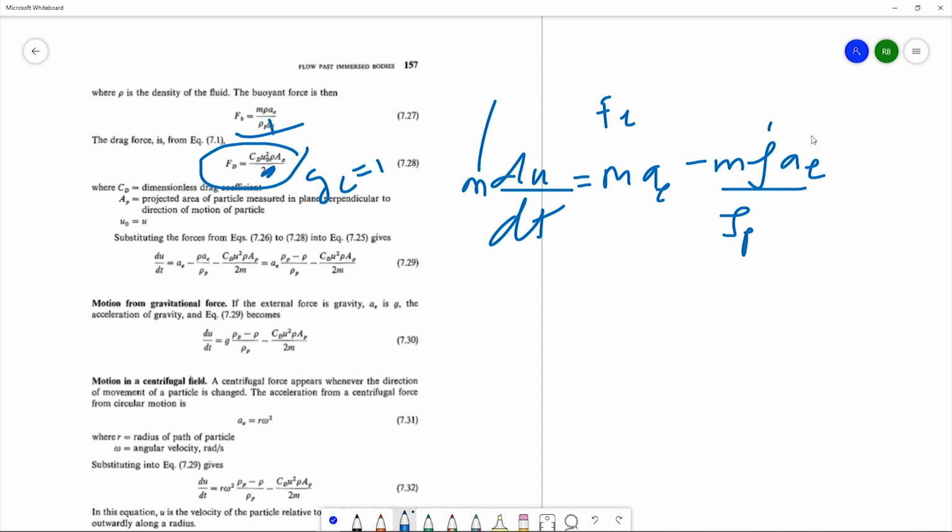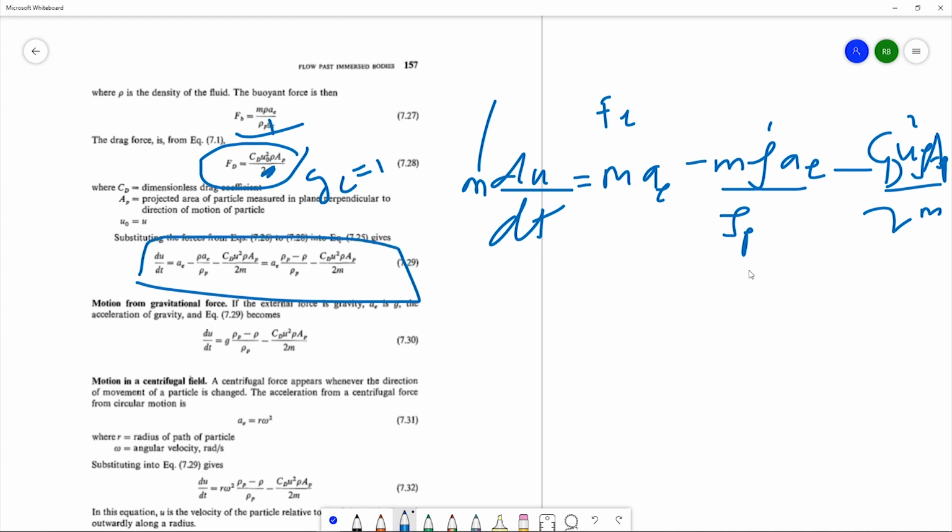And again the drag force, that is nothing but C_D U square rho A_P, projected area, by 2m. Right, just simplify this, then you will get this equation, right?